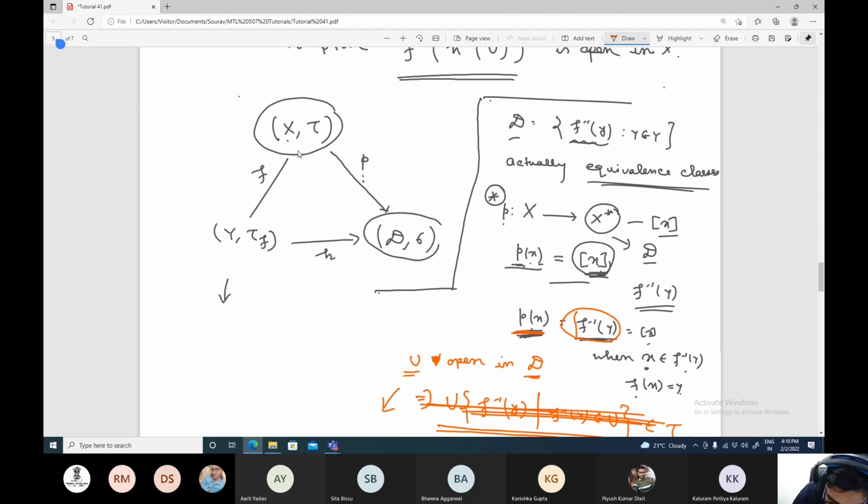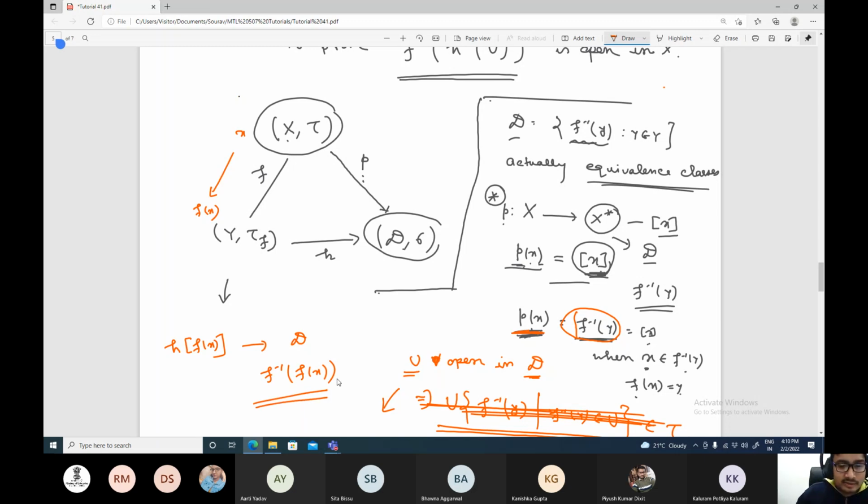Here we are sending an element x to here by fx. Now we are sending h of fx to D, an element F inverse of fx.